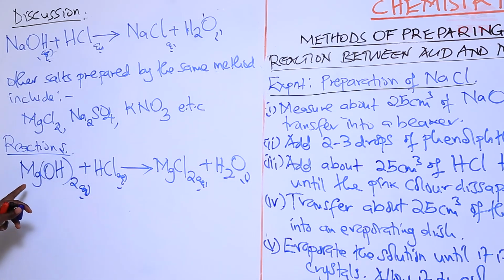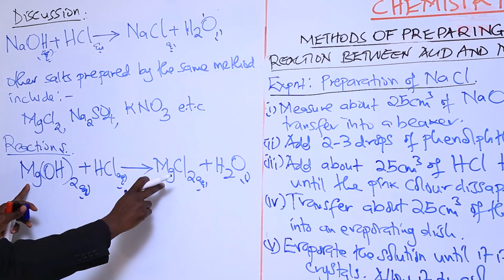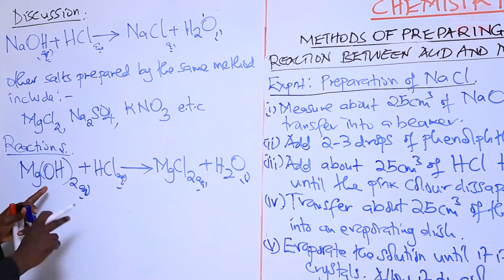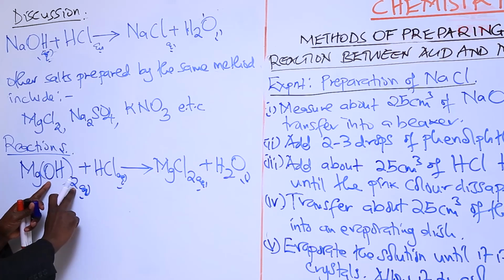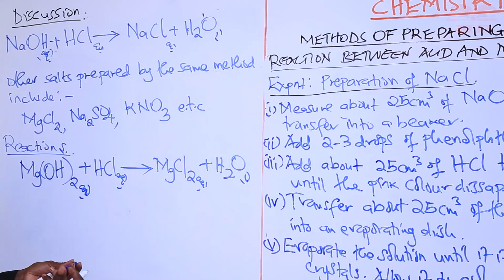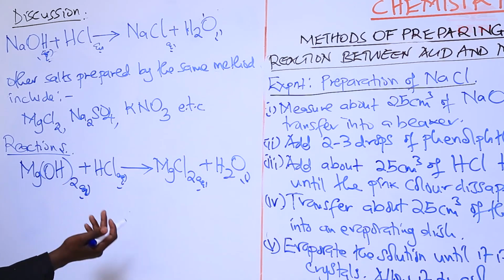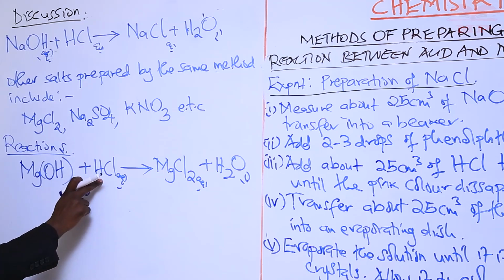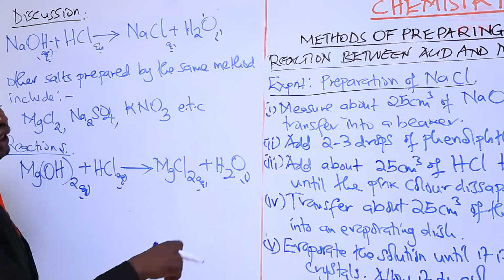Of course, we have one atom of magnesium on both sides. It's okay. Come to oxygen. We have 2 atoms of oxygen on the left and 1 on the right. That means oxygen atoms are not balanced. Come to hydrogen. This side has 2 plus 1, 3. This side has 2. So it's not balanced.